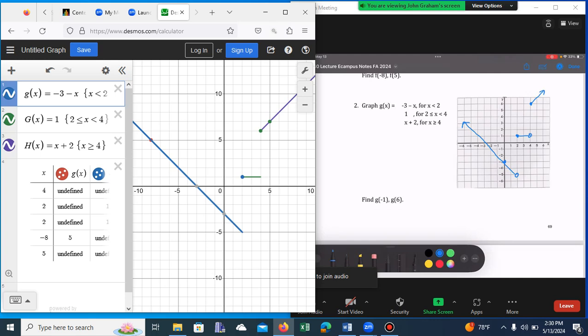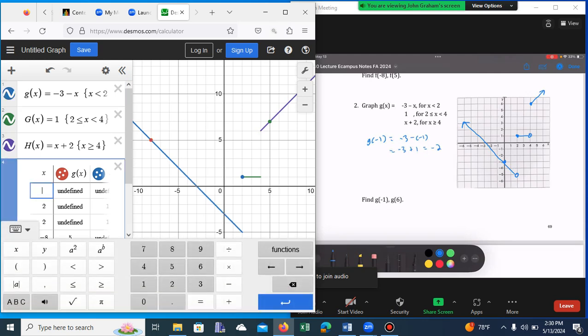Now let's find g of -1. We use -1 is less than 2, so we'll use -3 minus x. x is going to be -1, which is going to be equal to -3 plus 1, which is equal to -2. So g of -1 gives you -2.